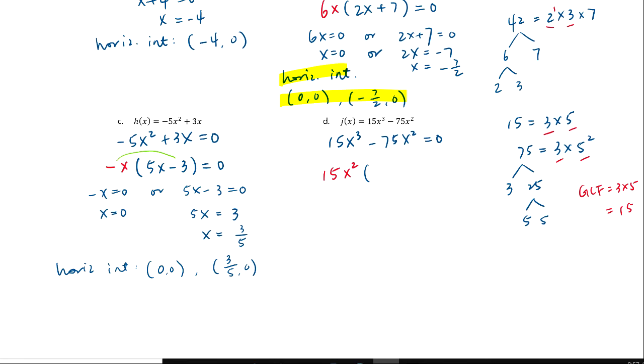Once we notice this, we can decide this is a GCF we have. And taking out 15x squared, we're left with x in the first term, and minus, don't forget the sign over here, that 75, if we took out the 3 and 5, we're left with another factor of 5, just based on the 5 squared. So we have 5 left, and that's equal to 0. And using this process, we can see that we have 15x squared is equal to 0, or x minus 5 is equal to 0.